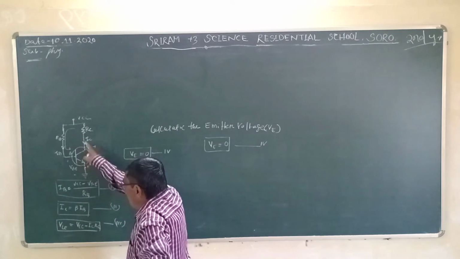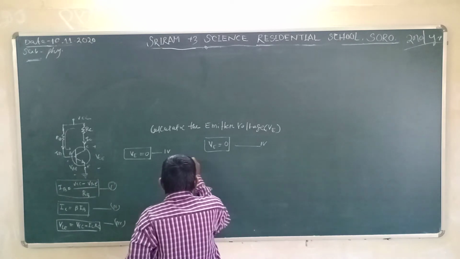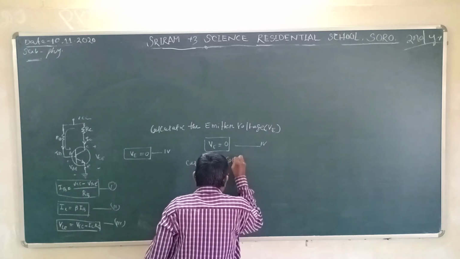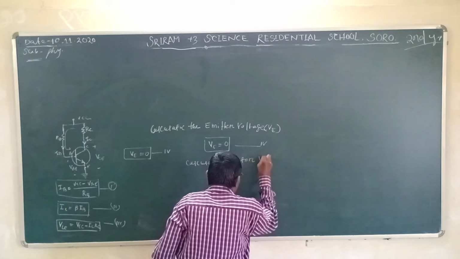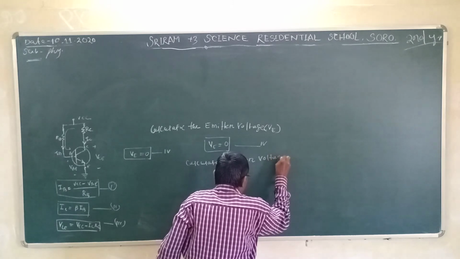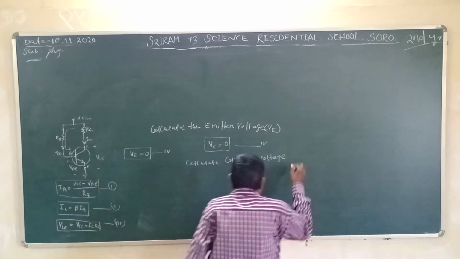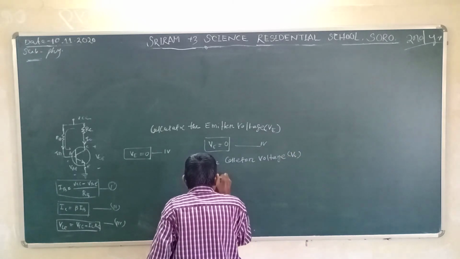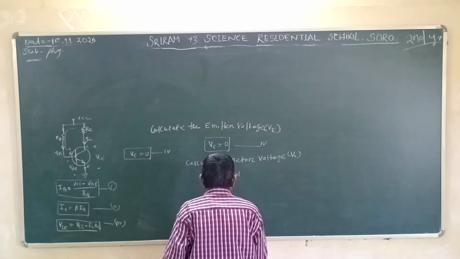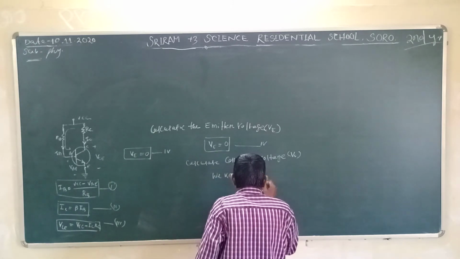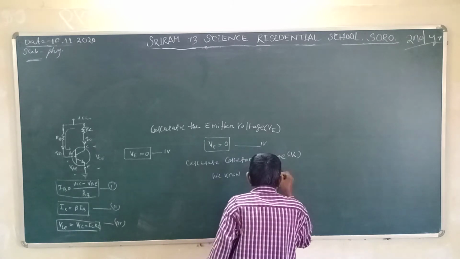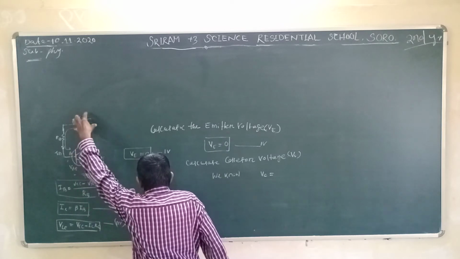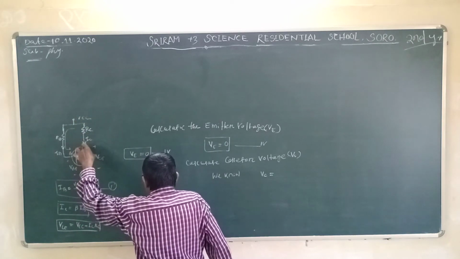Next we calculate the collector voltage. Collector voltage is symbolized as VC. Now we know VC, the collector voltage, is equal to VCC minus VE or VCE.